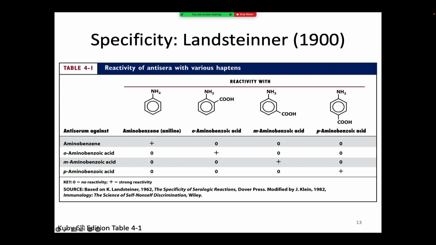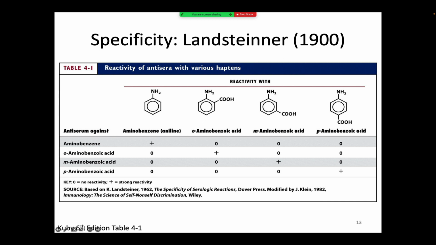Not only did he see that, but if you notice, the four different compounds he made had a relatively small difference between their chemical structures. So you can see this carboxylic acid here, and it's in the O, M, or P position, or not there. So it's not like a giant change. Mice that got this one only made antibodies against that one, and not against these other very similar chemicals.